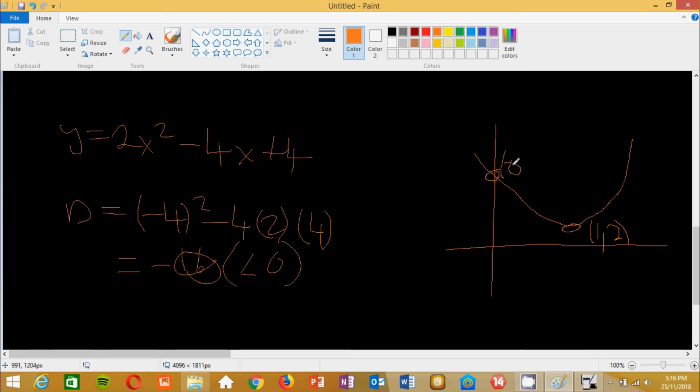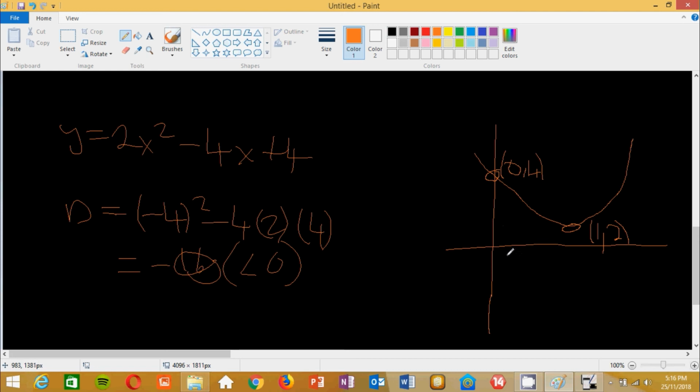So this is the point 0, 4. And that's it. That's how you sketch the curve y is equal to 2x squared minus 4x plus 4. So we deduce the shape of the curve. It's a smiley curve. We deduce the turning point, which is the minimum point, which is 1, 2. We deduce that it doesn't cut the x-axis, so it lies above the x-axis, and it's like this. And we deduce where it cuts the y-axis.